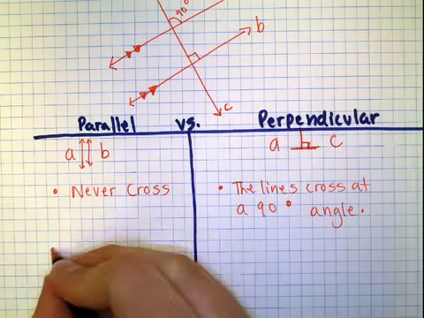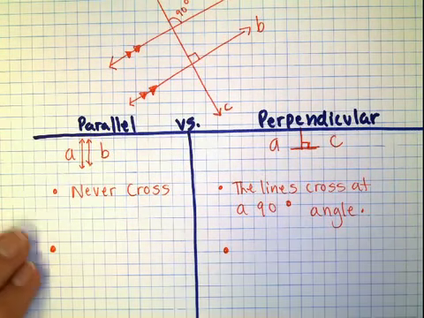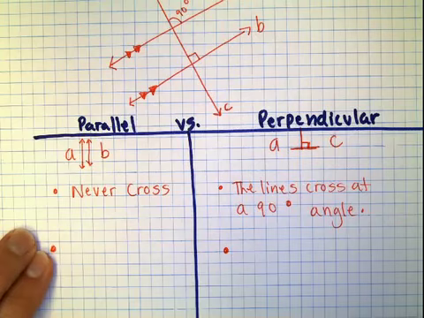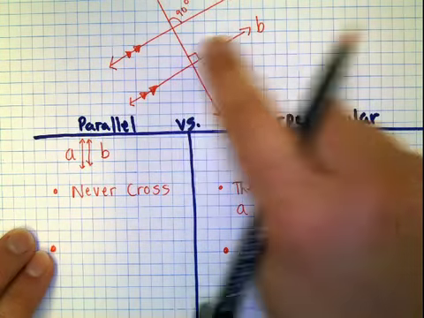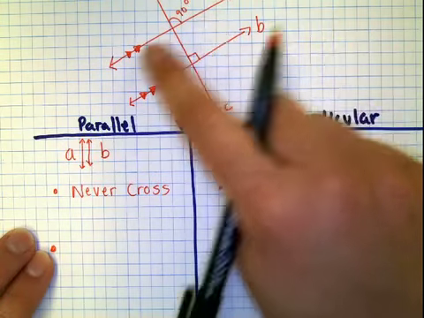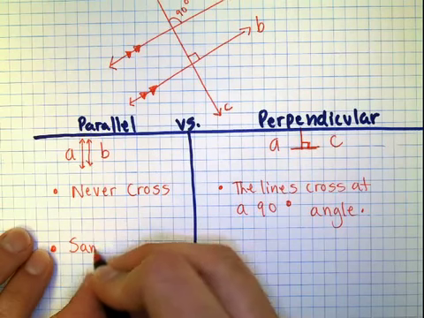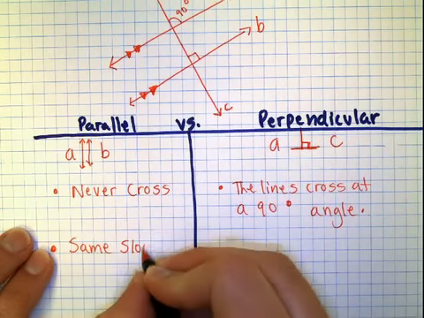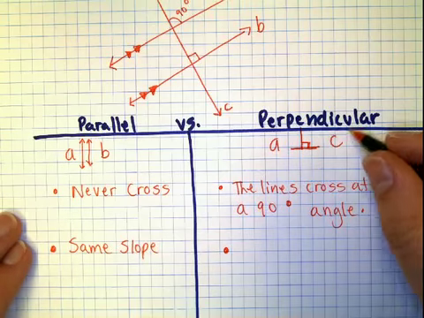That's an important fact. Here's another important fact. We have been studying lines, and we've been studying slope. So if you look at the parallel lines up here, A and B, they're both growing up. They're both going up with a slope that looks the same steepness. So parallel lines have the same slope. Perpendicular lines definitely do not have the same slope.